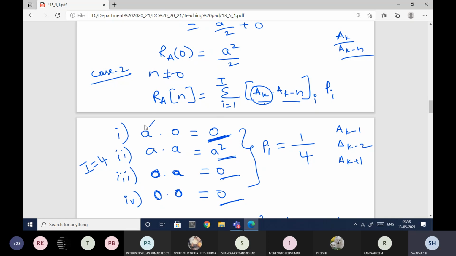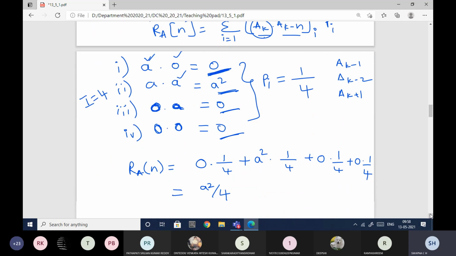If ak is 0, the next one can be either 0 or A. So 0 into 0 is 0, 0 into A is 0. Next, ak can be A, and the next possibility can be either A or 0. So A into 0 is equal to 0, A into A is A square. So the number of possible products that I'll get when n is not equal to 0 is 4, and so the probability for each combination will be 1 by 4.